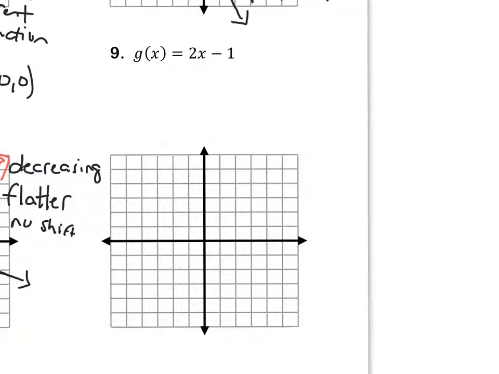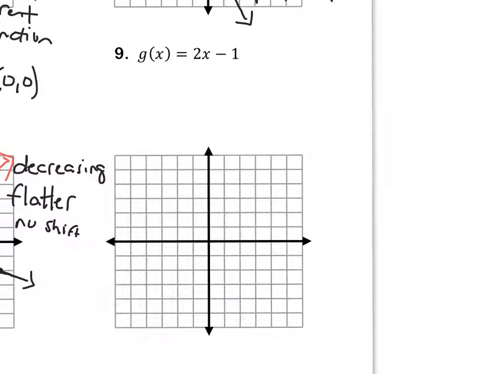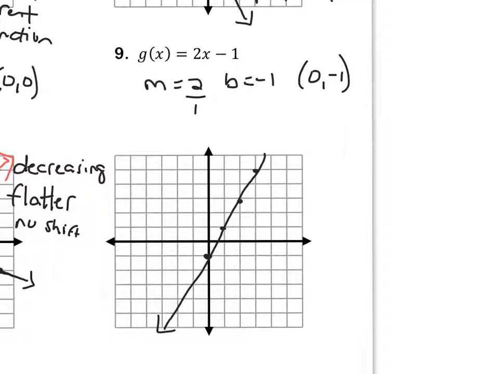So write the problem down, and we'll identify the slope, and the slope is 2, and the y-intercept is -1, which means this time we're going to start our graph at 0, -1, which is going to be right there. Now my slope is 2, that means 2 over 1, so up 2 over 1, up 2 over 1, and I can draw a line through that and label it.